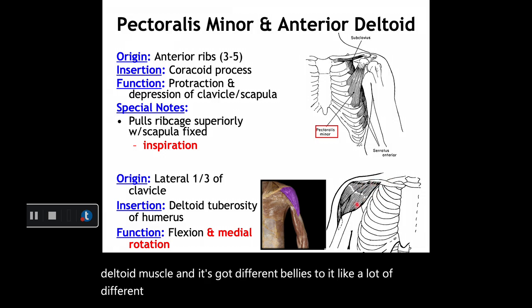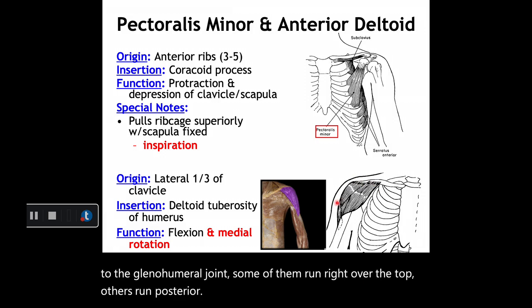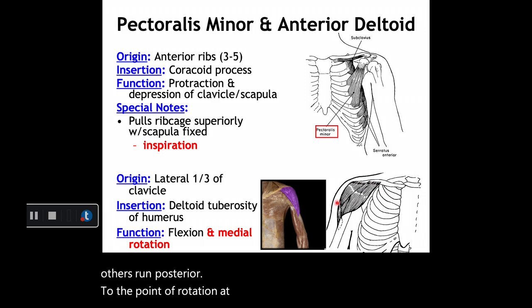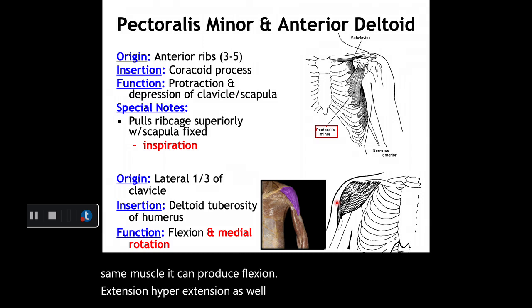Some of the fibers of the deltoid cross anterior to the glenohumeral joint. Some of them run right over the top. Others run posterior to the point of rotation at the glenohumeral joint. So again, this same muscle, it can produce flexion, extension, hyperextension, as well as abduction at the shoulder joint, depending on which belly you contract.